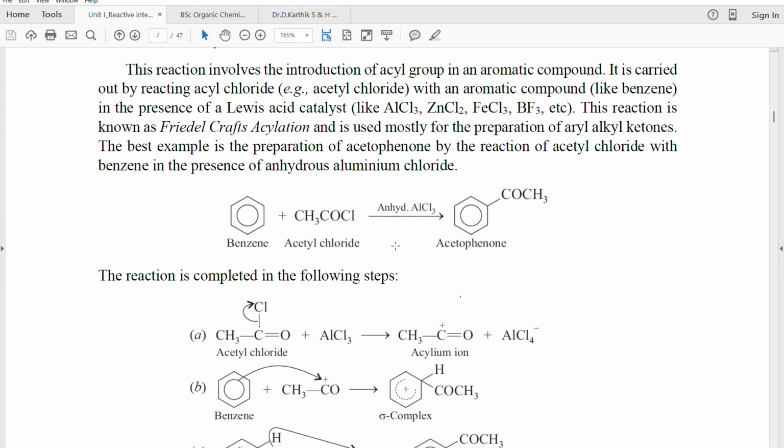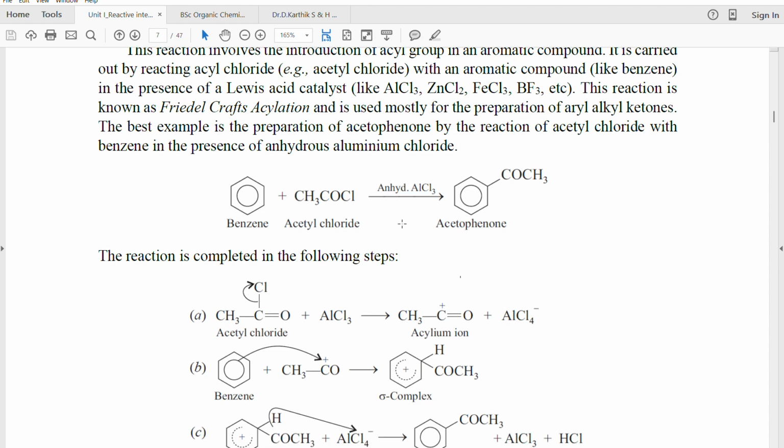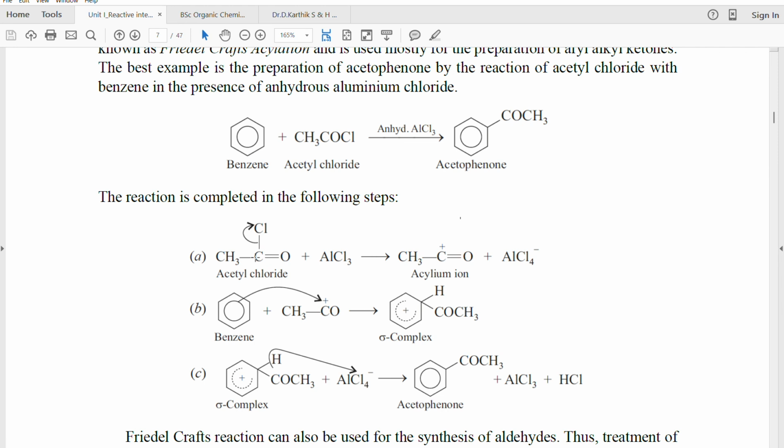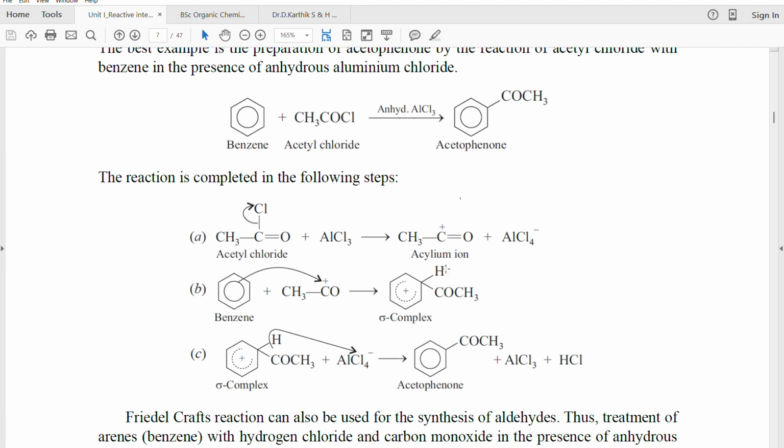So first, let us see how the aluminum chloride generates the carbocation. When we treat this acyl chloride with anhydrous aluminum chloride, it generates the acylium ion. So that is like this, CH3COCl. By abstracting the chlorine from this acyl chloride, it gives AlCl4 minus and it produces the acylium ion.